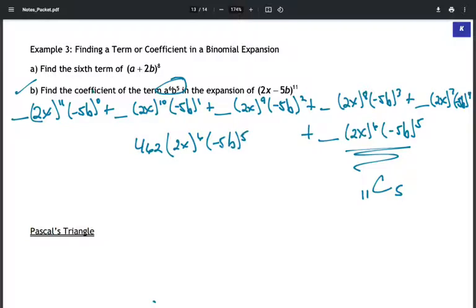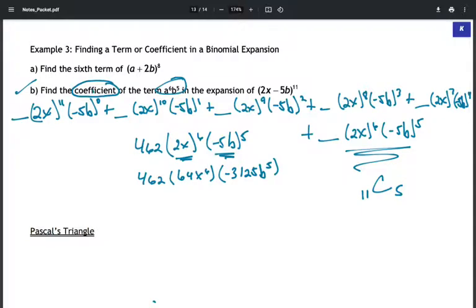Okay, so now we need to go ahead and raise that to the exponent and this to the exponent. So that'll be 462. 2 to the 6th power is 64. Negative 5 to the 5th power is negative 3,125. And we really don't care about the x and the b because it's just wanting the coefficient, so just the number in front.